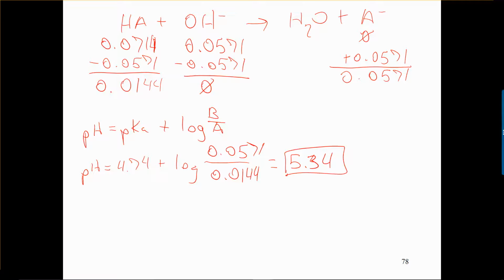So I add it here and I subtract it there. And so the pH is increasing here, and the pH is decreasing there. So that's just a quick check that I did this whole thing right. If the base number is bigger, I should have a bigger pH. If the acid is bigger, I should have a smaller pH than my pKa.